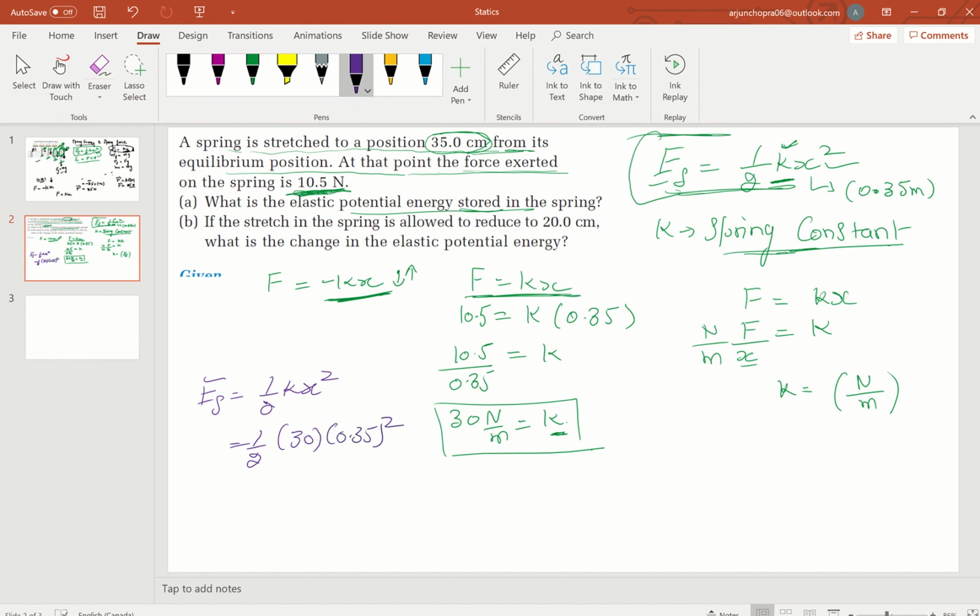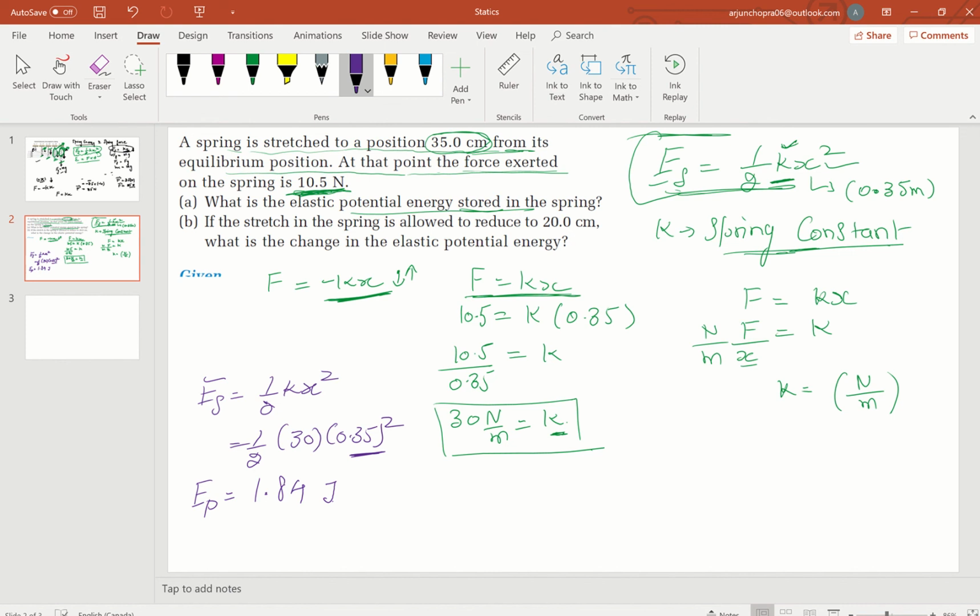Calculating this, the elastic potential energy will come out to be 1.84 joules, because this is energy, and make sure you don't forget to square this value. So that's the answer for part A.